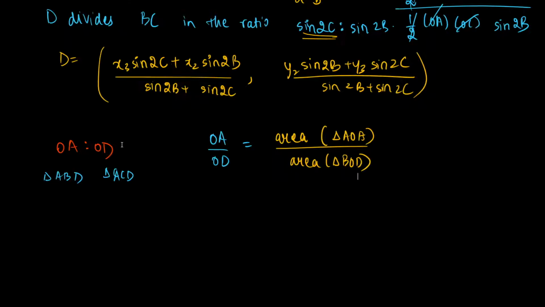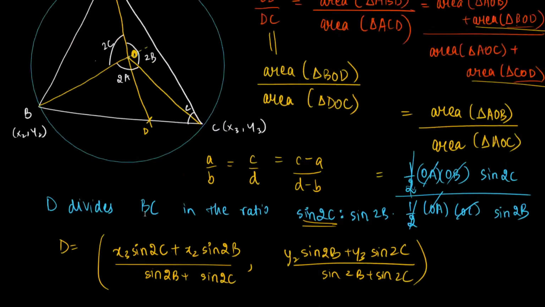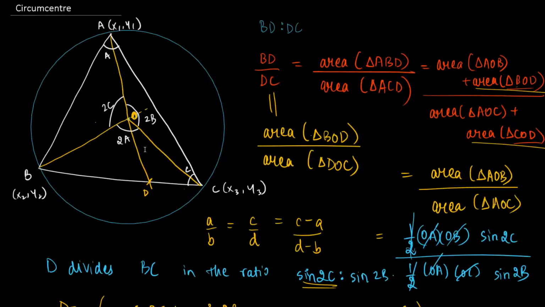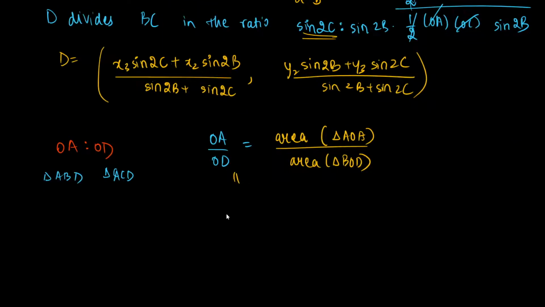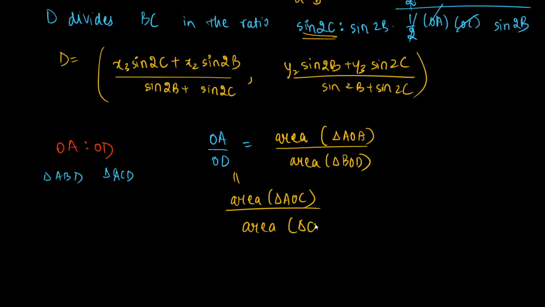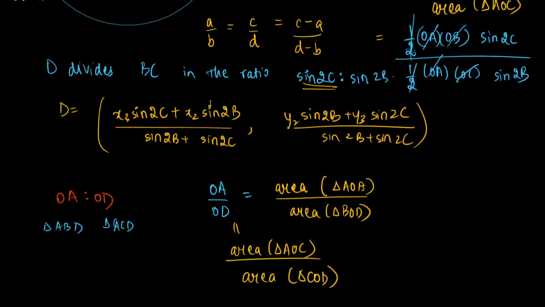And now we use the triangle ACD. Corresponding to OA, you now have the triangle AOC, so the area of triangle AOC divided by the area of triangle COD. Now we again use a similar arithmetic formula.